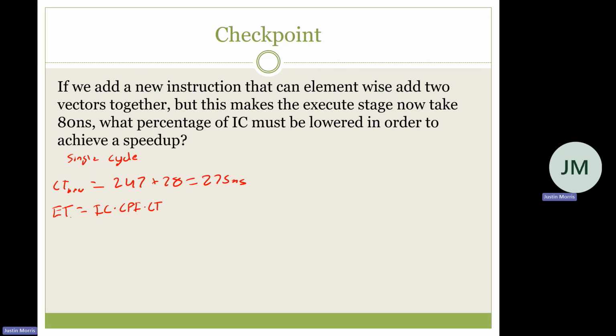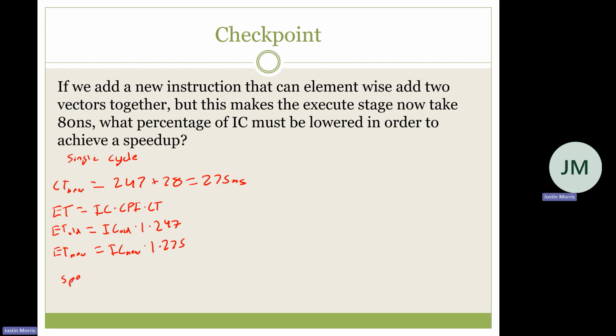So let's do ET old is instruction count old. What's CPI? What's cycle time? And then ET new. We don't know instruction count, right? What's CPI? And what's cycle time?